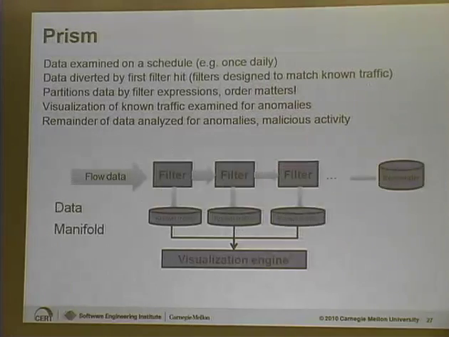So let's talk about some of the things that you can do with this tech. Prism is a script that we released about a year or so ago to take a look at traffic as the queries run, and apply filters of known traffic to weed things down, right? So let's take a big query of network data.